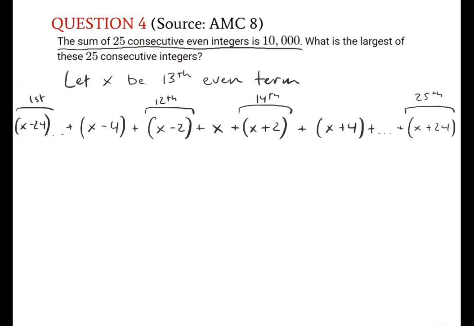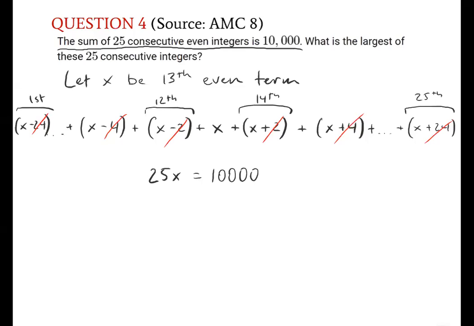And if you add all of these up, you'll notice that all of this will cancel out, leaving you with just 25x. And that is equal to 10,000.